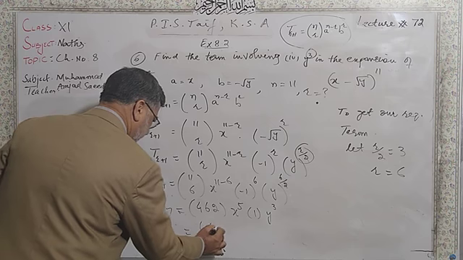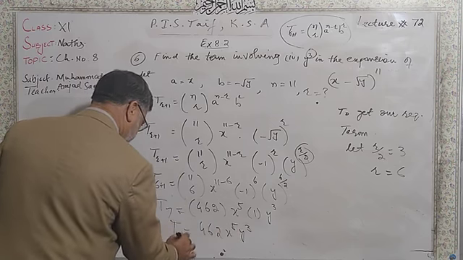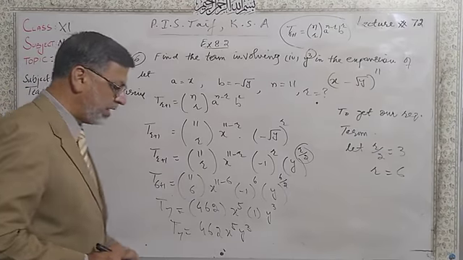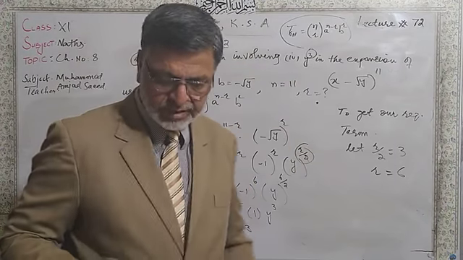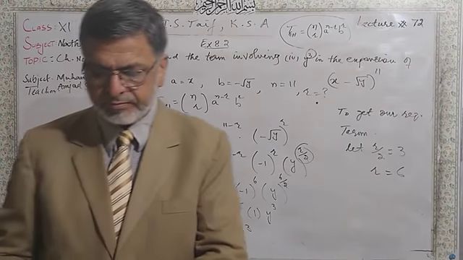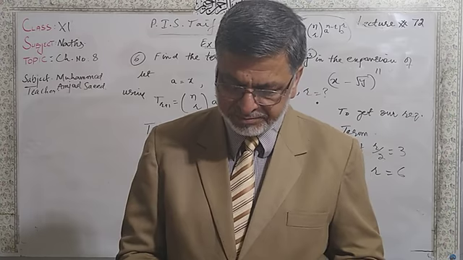So 462 x^5 y cube, this is T7. Dear students, this is actually your term involving y power 3.